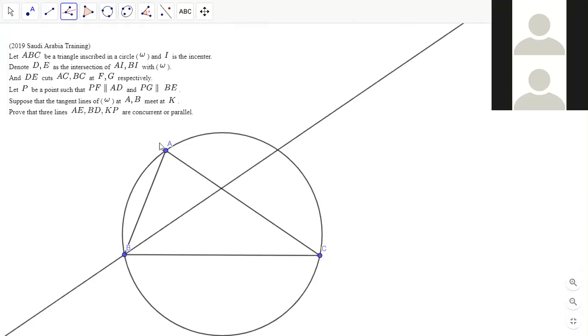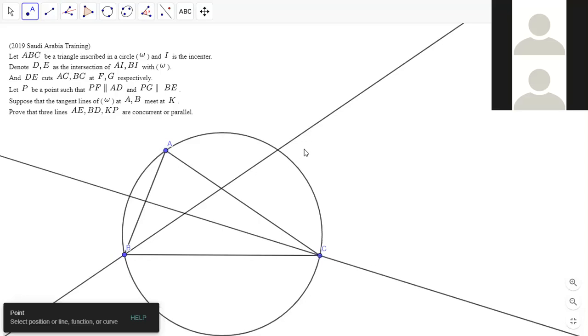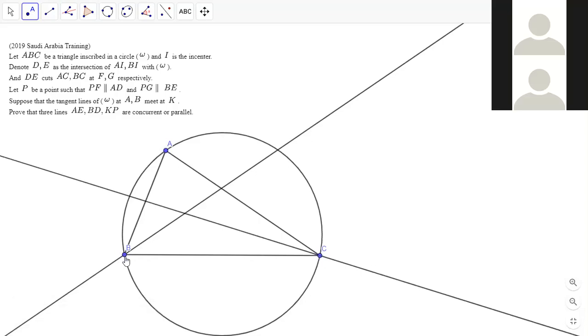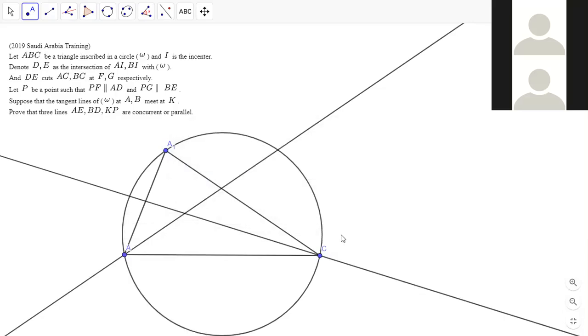So we have this, and they meet at the midpoints of the arcs. Oh, whoops, I'm going to want to make this A, and this B, and that C.